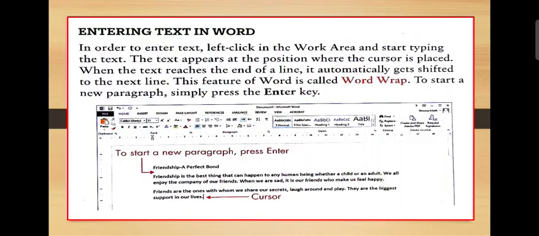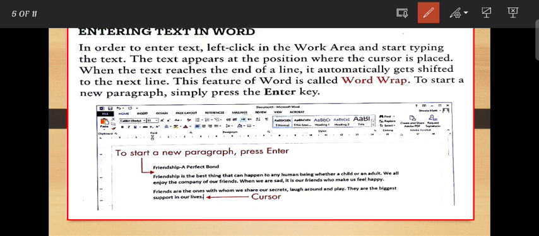Next is entering the text in Word. When you want to type text in a Word document, left click in the work area and start typing the text. The text appears at the position where the cursor is placed.